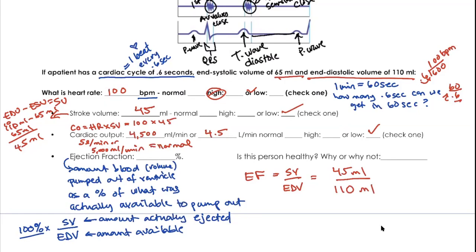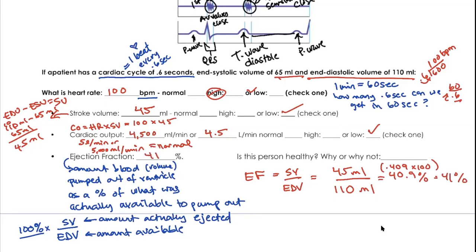And so if we divide 45 by 110, you're going to end up with 0.409, but then you multiply by 100 and you get 40.9%, or you can round up to 41%. So the ejection fraction here is 41%.